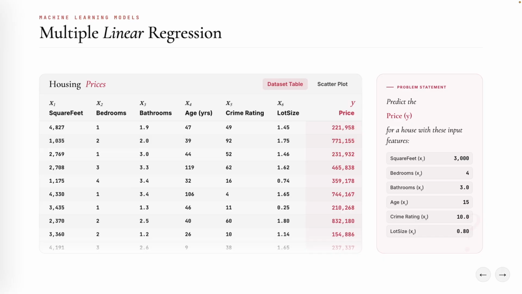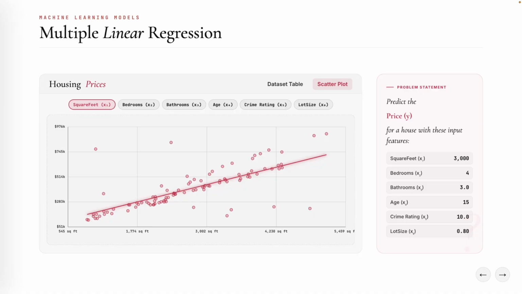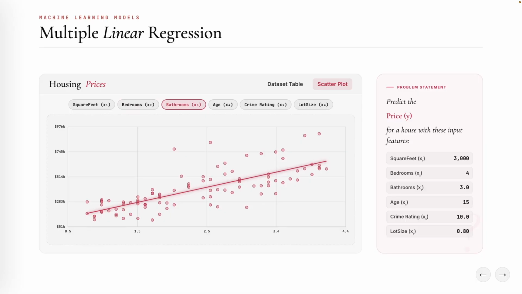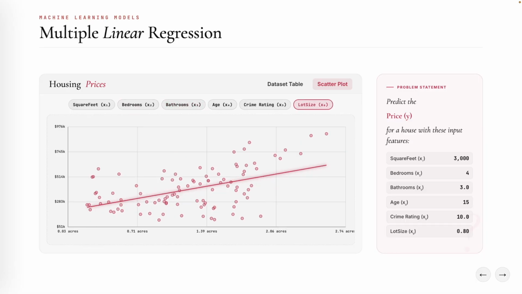Before we train our model, let's take a quick look at how each feature relates to price. Here are individual scatter plots for each feature plotted against price. Across these features, the pattern is still linear. A straight line fits reasonably well in each case, but the direction isn't always the same. For most features, price tends to increase as the value goes up.